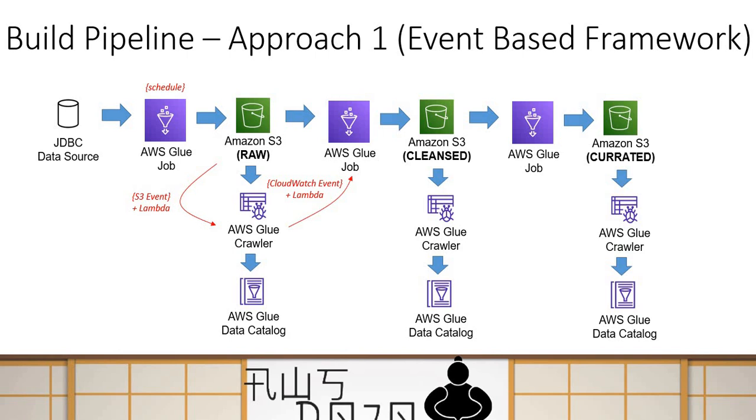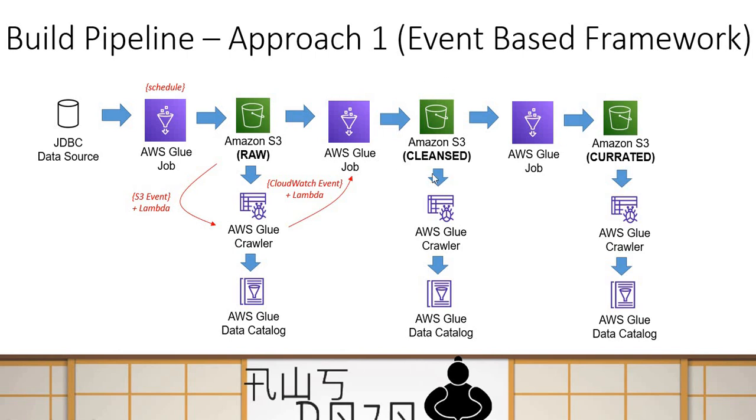My crawler has finished the job. And on that event, we launch another Lambda function, which will start the next glue job, which is responsible for then converting your raw data into the cleansed data. And then the same process continues.